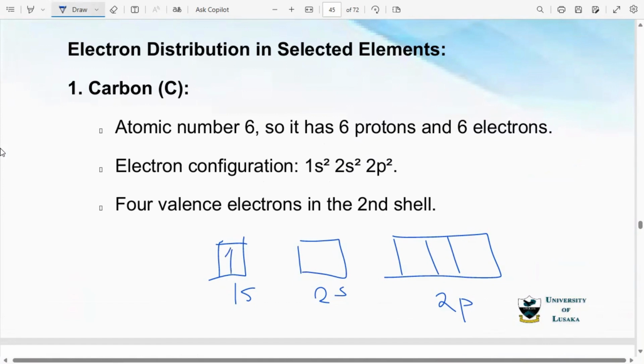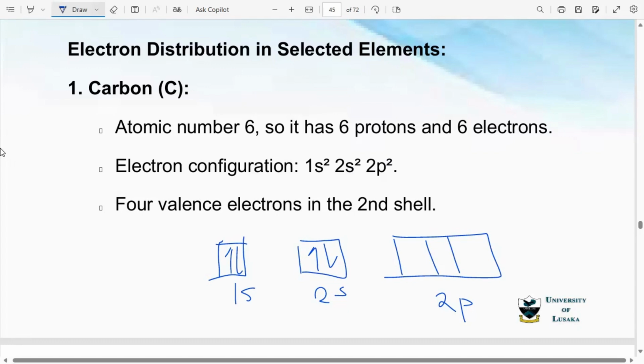You're going to have two in the 1s orbital, since it's on its own in the first energy level, and the 2s will be occupied like that. We are following the Aufbau principle. We first fill the orbitals of lowest energy before we go to orbitals of higher energy.